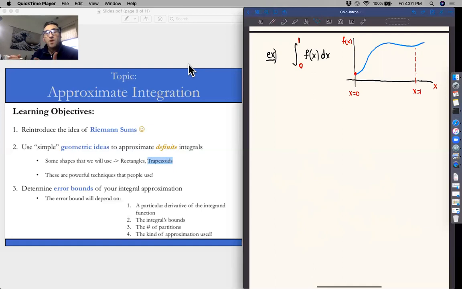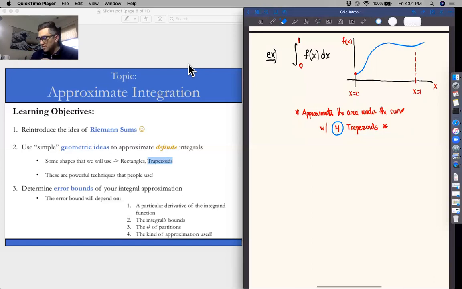So let's make this problem a little more explicit. For us in this example, we're going to try to approximate the area under the curve with 4 trapezoids. So I'm telling you right off the bat how many trapezoids we're going to be using in this case.